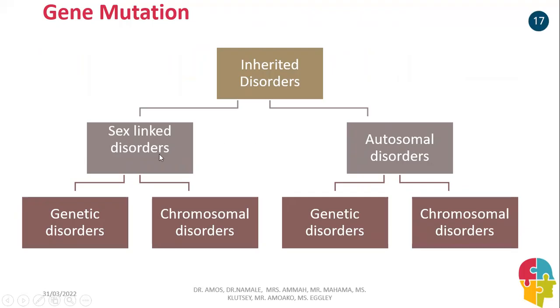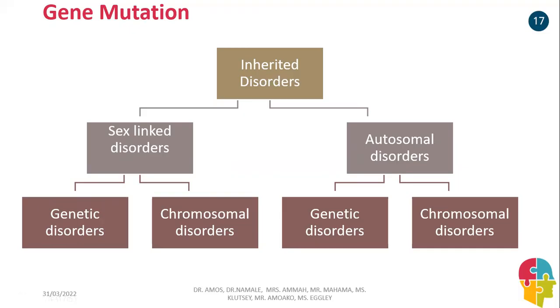Now, when you take the sex-linked disorders, they can be genetic disorders, that is a change or an alteration in the gene itself. Or they could be chromosomal disorders, an abnormal structure of the chromosome itself or an abnormal number of the chromosome itself.